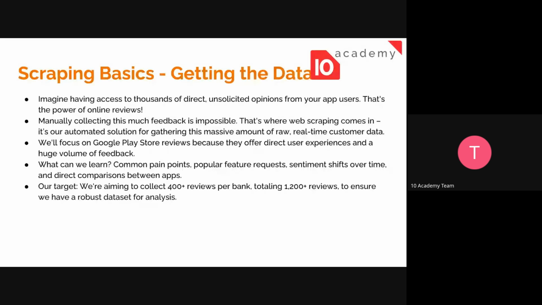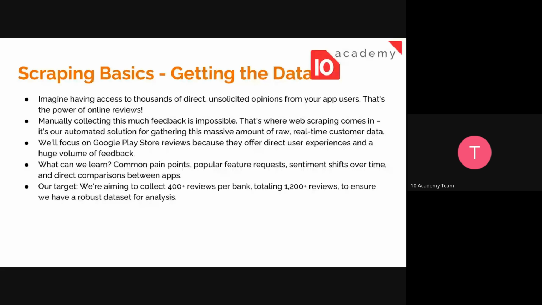Once we extract these reviews, we can answer important product questions. What problems do users complain about the most? What features do people keep asking for? Is the mood becoming more positive or negative over time? And how does one bank, for example, compare to another one? This is the type of analysis that the product team or any stakeholder or executive relies on to make decisions.